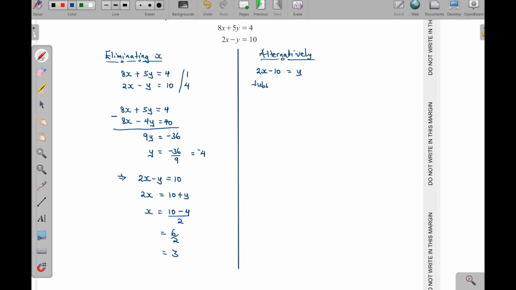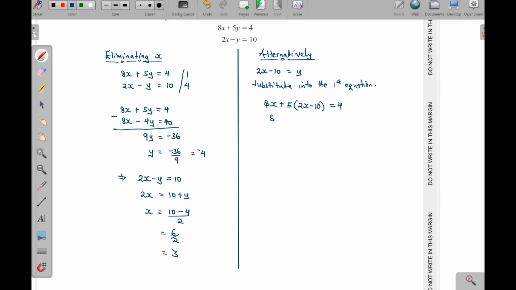Then we substitute this one here into the first equation. So we have 8x, then plus, where there is y, I'm going to put 2x minus 10, okay? This whole thing replaces the y here. Then this one is equal to 4.